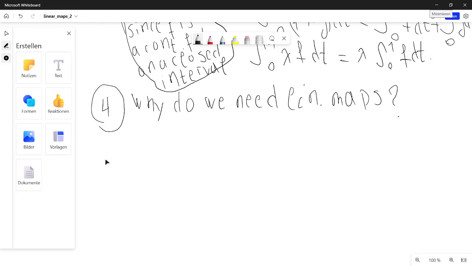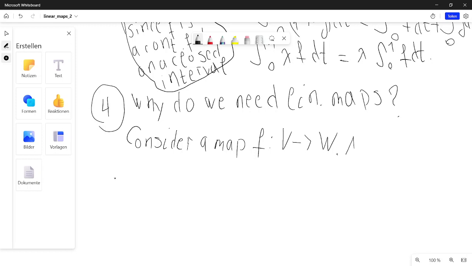Consider a map f from V to W, which is not necessarily linear. First, it is just a map.